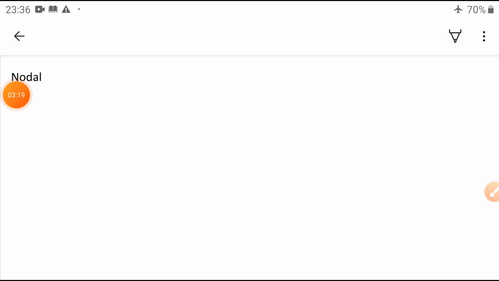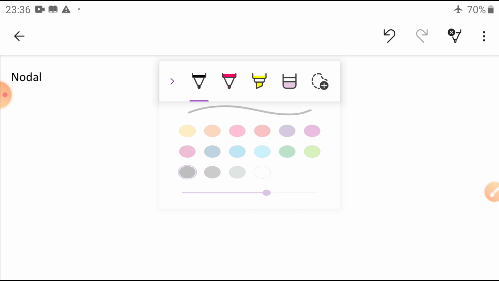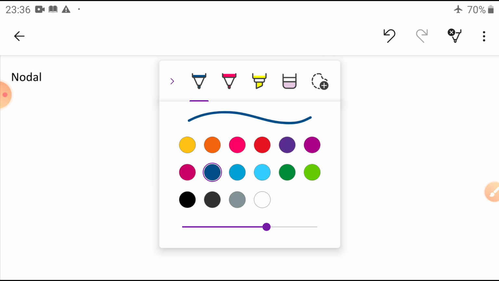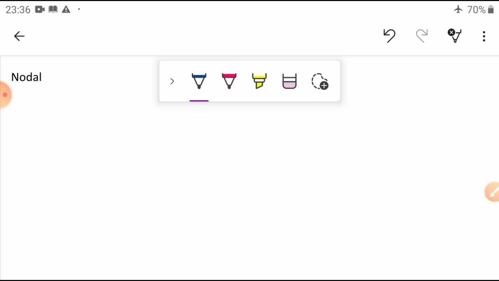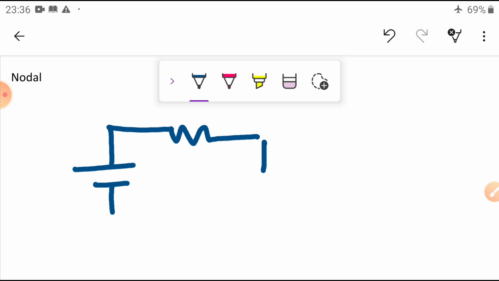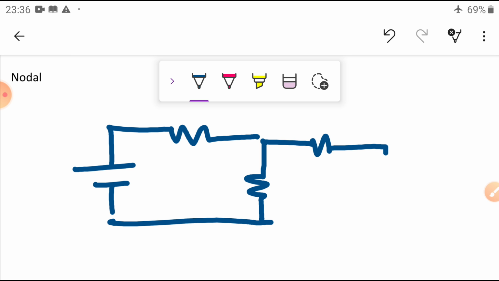Before going to our new technique, nodal analysis, just recall what we have seen in the branch current method. For example, there is one source connected to one resistance, connected to another resistance, connected to another source.